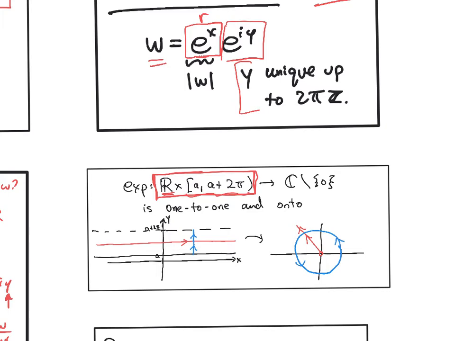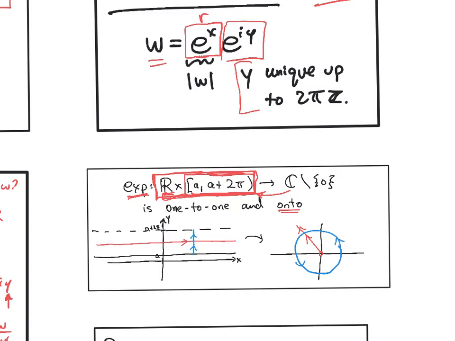Because of this, the exponential map restricted to such a set will be 1-to-1, and it'll be onto because we can always pick a representative of an inverse image from this set by translating until we get its imaginary part in this interval, which we can always do.